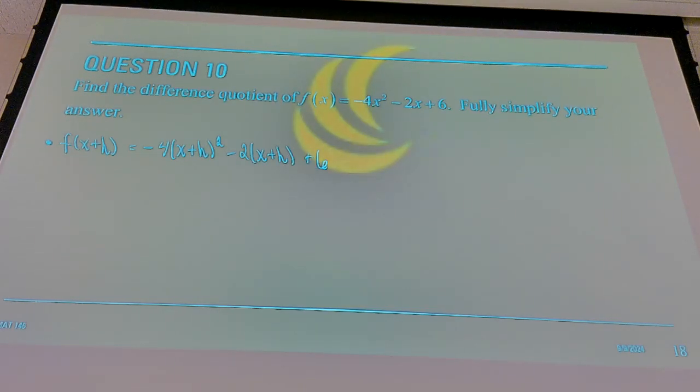Start by replacing x with x plus h, right? Is that fully simplified? So what can you do?